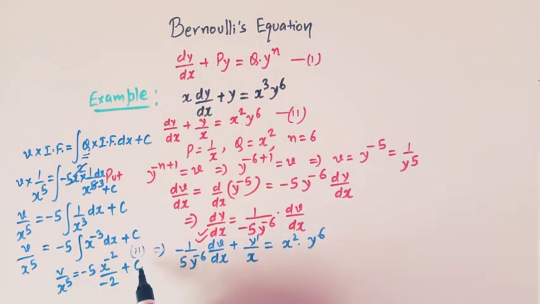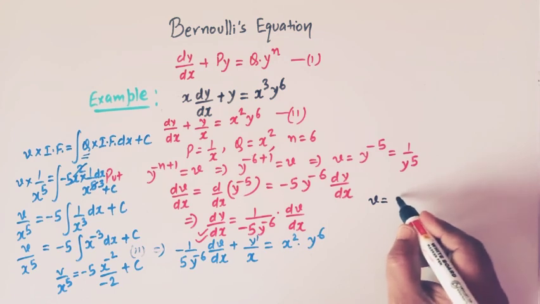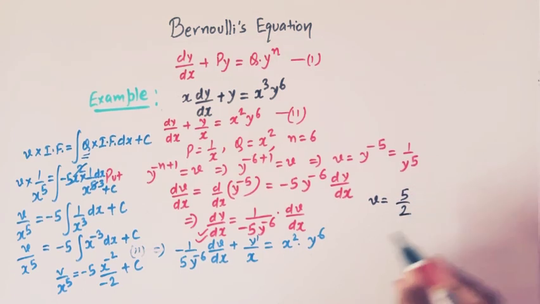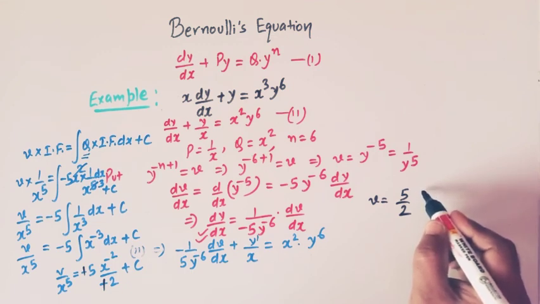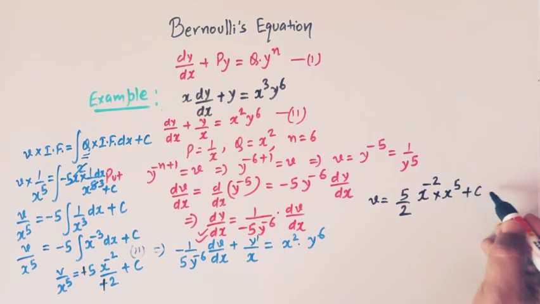Now multiplying throughout by x raised to 5, we get v is equal to 5 over 2, minus and minus get cancelled, so we have 5x raised to minus 2 times x raised to 5 plus c times x raised to 5.